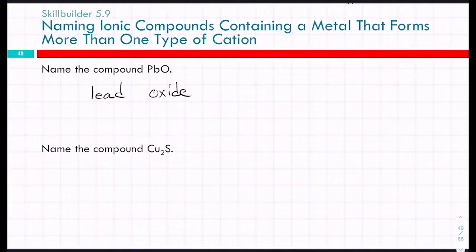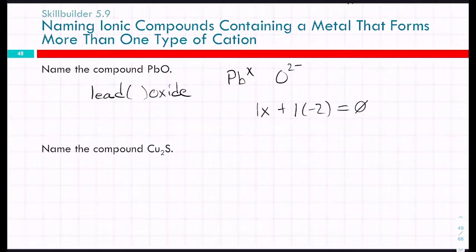But since this is a metal that we need to determine what the charge is, we can do the same thing that we were just doing. We can say that lead has a charge of X. Oxygen is a charge of 2 minus. So X, again, times the subscript, which is 1, plus 1 oxygen times a -2 charge.